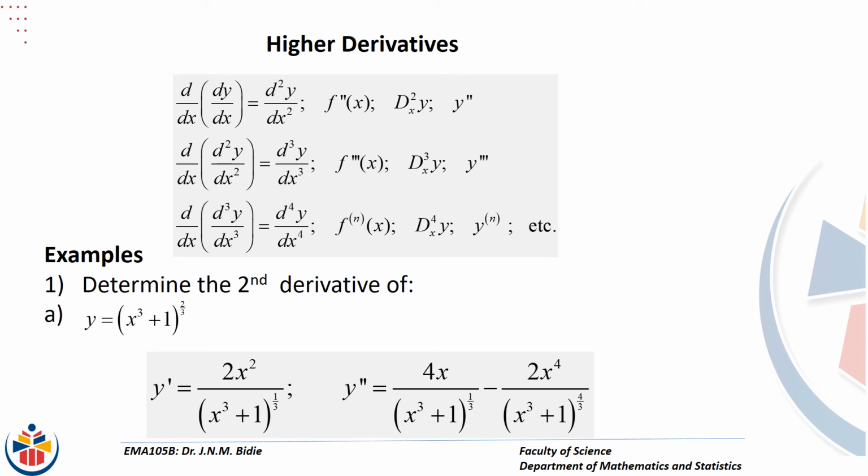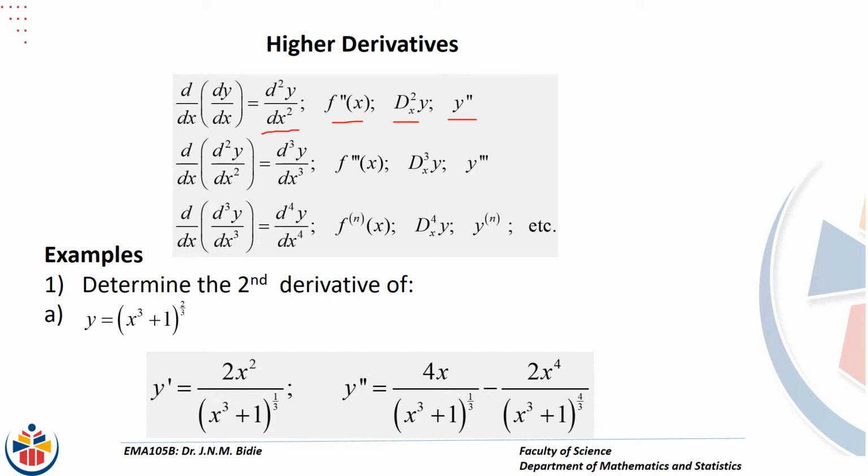Straight to higher derivatives. We can move from first derivative to second derivative to third derivative and more. The expression for the second derivative of y with respect to x is given by d squared y over dx squared, which is f double prime of x, or sometimes we use y double prime.